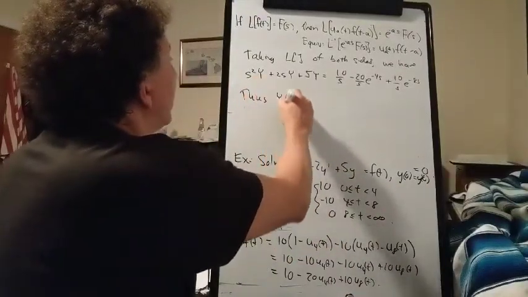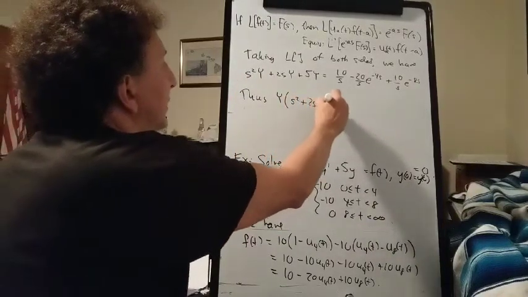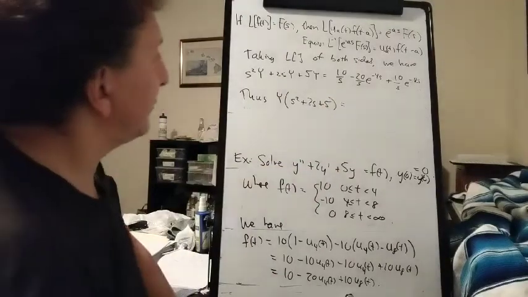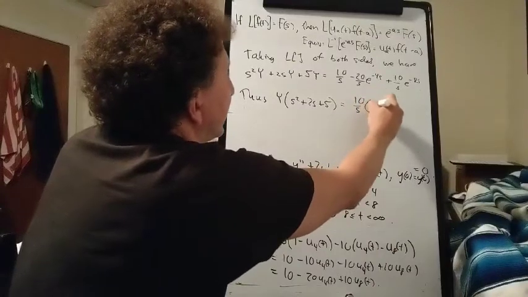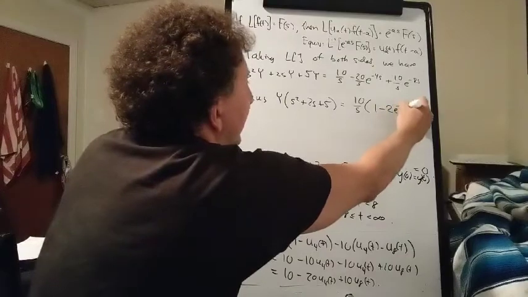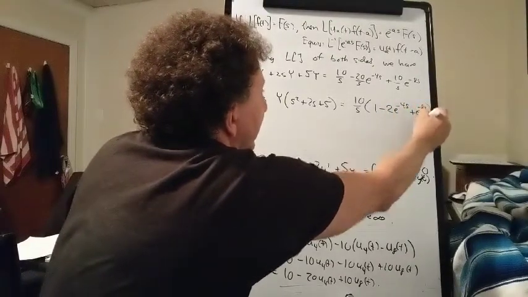So that means that Y times s squared plus 2s plus 5 equals, maybe I'll factor out 10 over s, 10 over s times 1 minus 2e to the negative 4s plus e to the negative 8s.